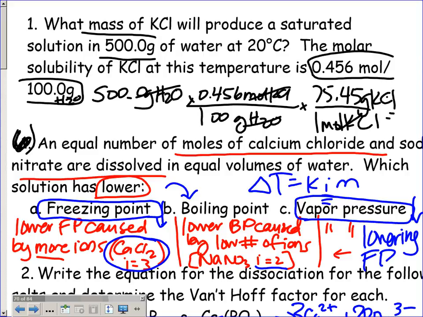We do, what is it, by the math? We got 1.36.